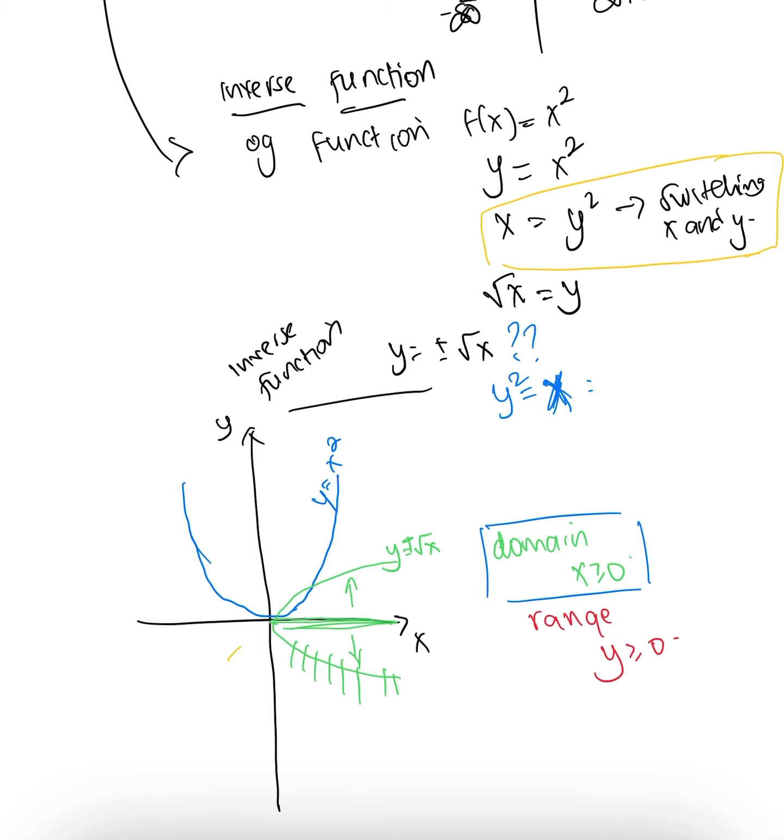We were reflecting it about the line y equals x, and that's what an inverse function is. It is a reflection of a function along this mirror. So these values here and these values here are mirror images of each other, equally far from the y equals x line. So yeah, and that's all you need to remember.